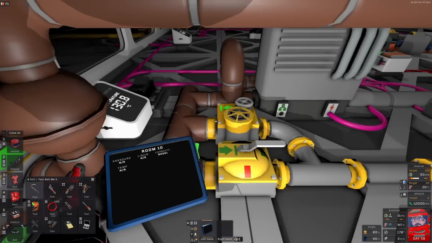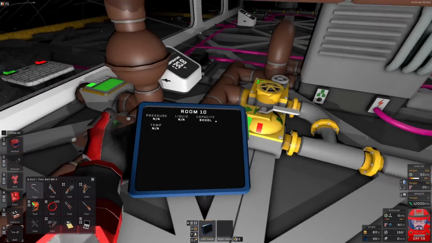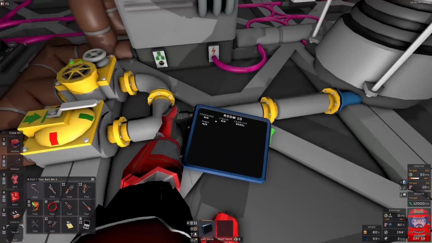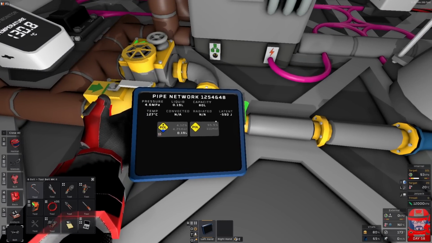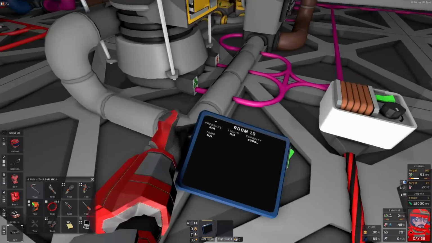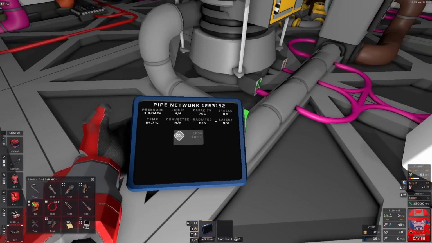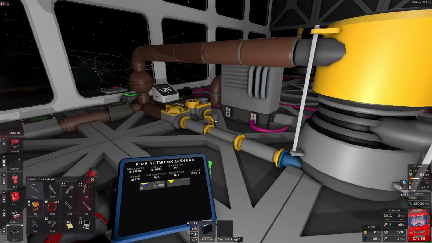And all of this will cool down as well. It's 127 degrees. Okay, all the liquid is being used up to cool this down, but it will eventually get there.